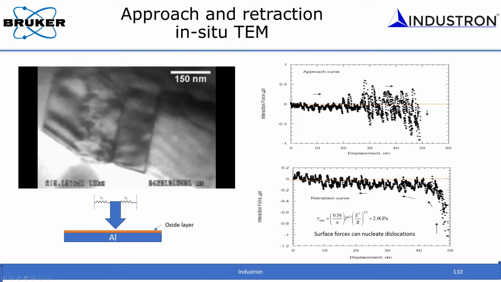Okay. But the whole point is, even within this attractive interaction, without getting into the repulsive interaction normally that we will have for indentation, you can see the stresses are very high, and the stresses are good enough to induce dislocation nucleation. This we were able to see directly and correlate with the low displacement response or the approach curves that we got in the TEM.